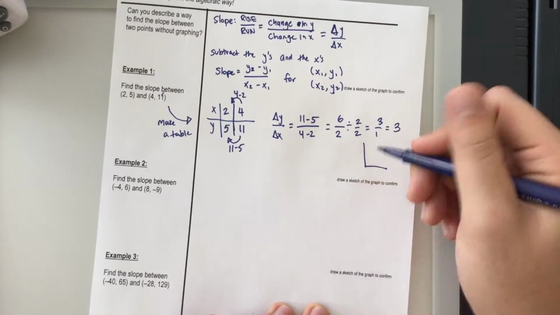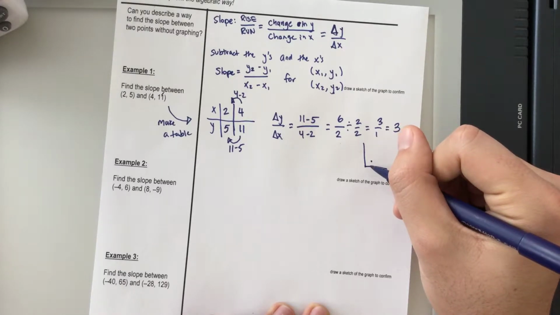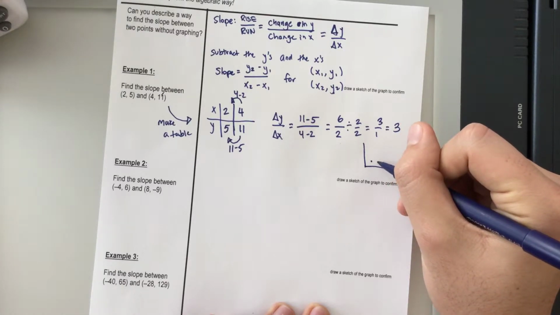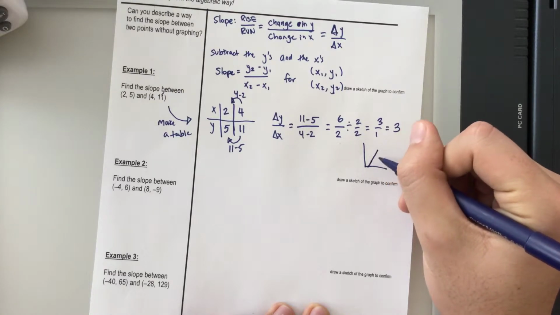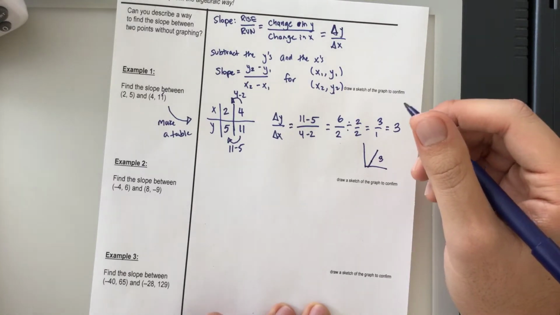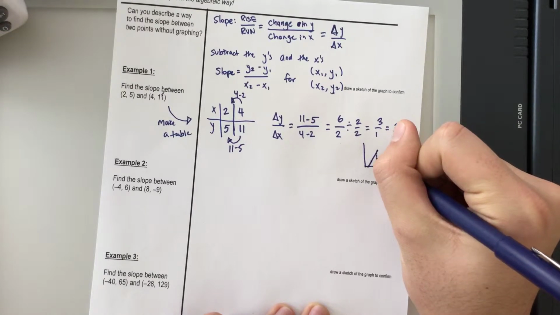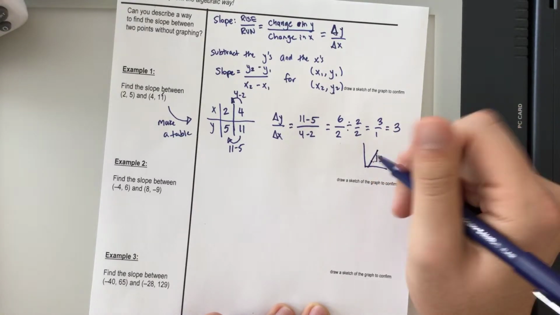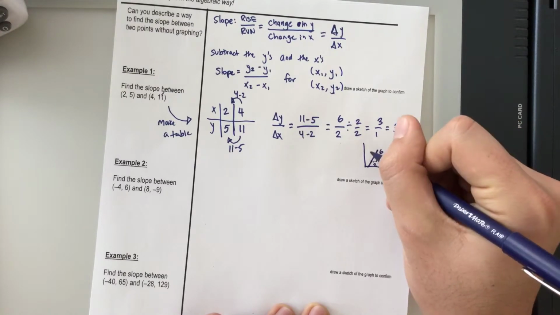Where would (2, 5) be? (2, 5) would be somewhere over here. 4 would be double that space. 11 would be a little bit over double that space. And that distance will be 3. So it makes sense. And we have our 6 and 2.